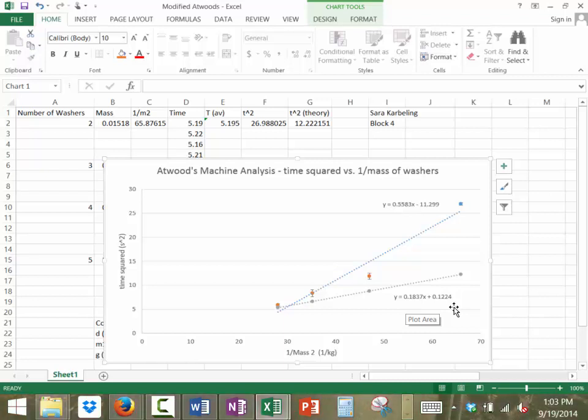And so in my conclusion and evaluation, I could say, oh, this might be why my data was so poor for those last ones. Does that make sense?